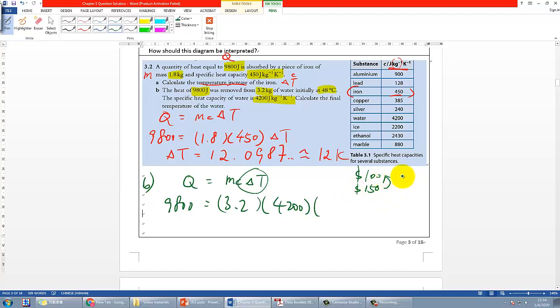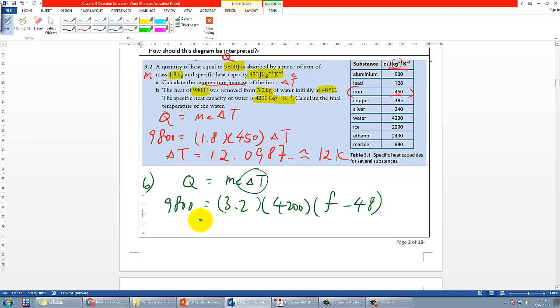So what you do is 150 minus 100 gives you positive 50. So positive means you are given $50. Okay, so here's the same idea. Then that means you have to use the final temperature minus the initial. Initial was 48 degrees, so let's just say 48.